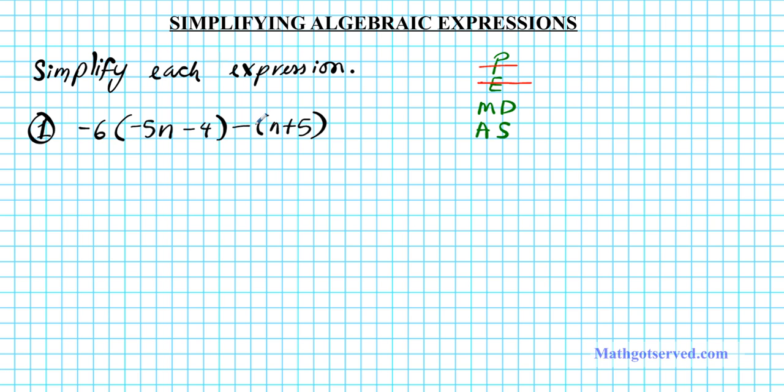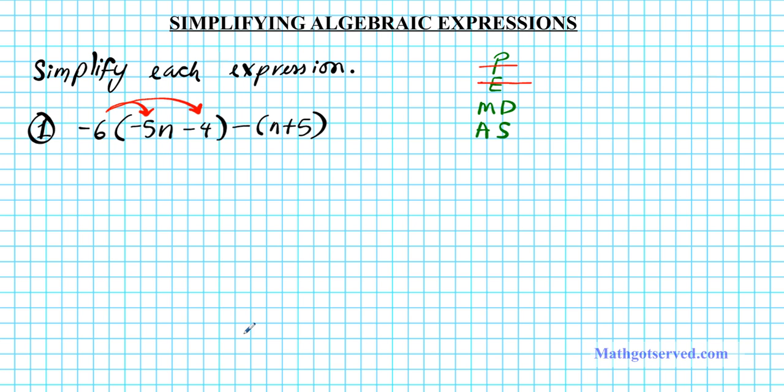We also have a multiplication here too. Now let's take a look at the first multiplication. Now what we are going to do is distribute -6 to the terms in the parentheses. Okay? -6 goes to the first term. -6 goes to the second term.